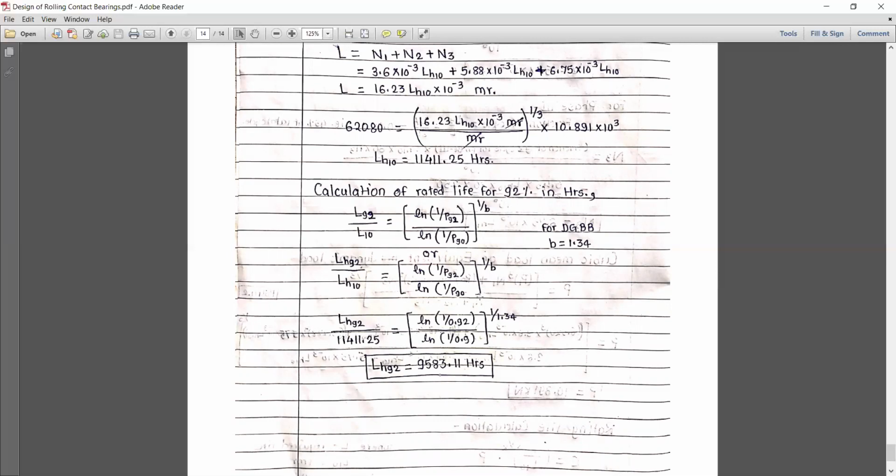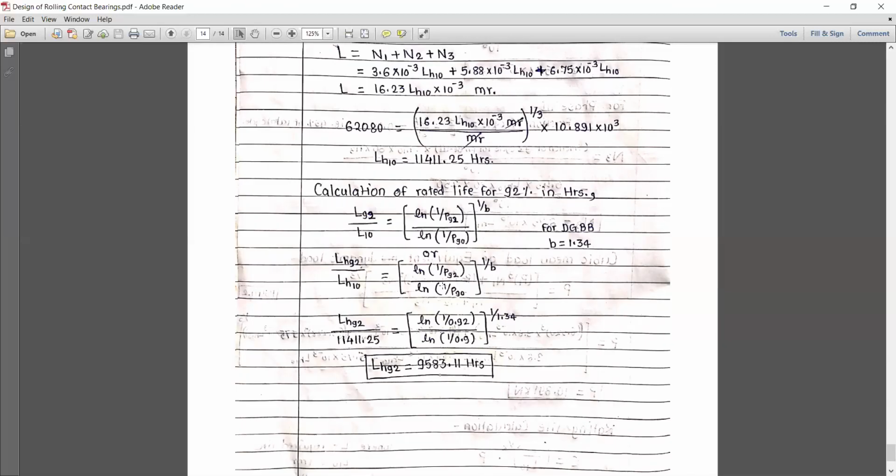So LH92 divided by L10, or L90 you can say, is equal to natural log of 1 upon P92 divided by natural log of 1 upon P90 raised to 1 by B. As it is DGBB, the value of B is 1.34. Putting all the values, what we get? The life of bearing for 92% probability of survival is 9,583.11 hours.